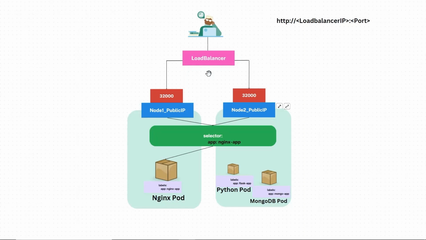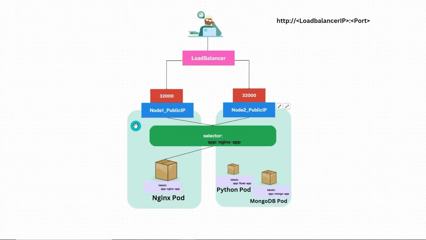And when you create that manifest file and apply it, there will be a load balancer created along with the node port service as well. And this will expose a random port which ranges from 30,000 to 32,767 on both the nodes.